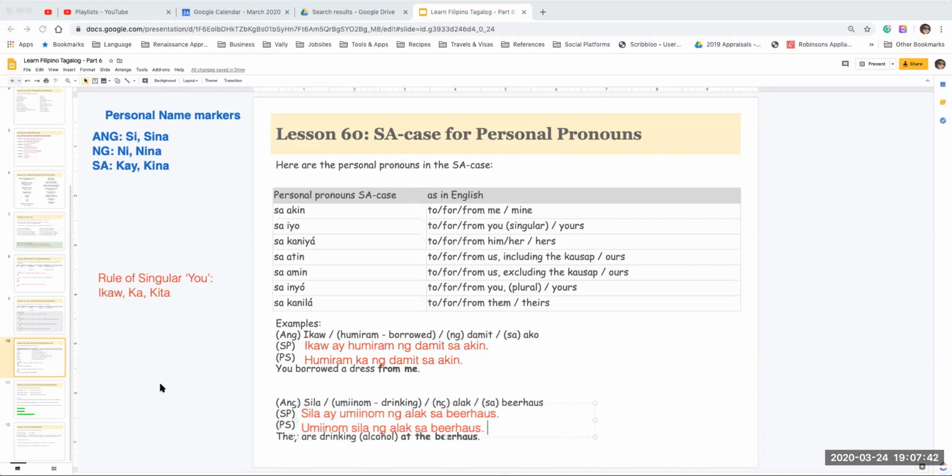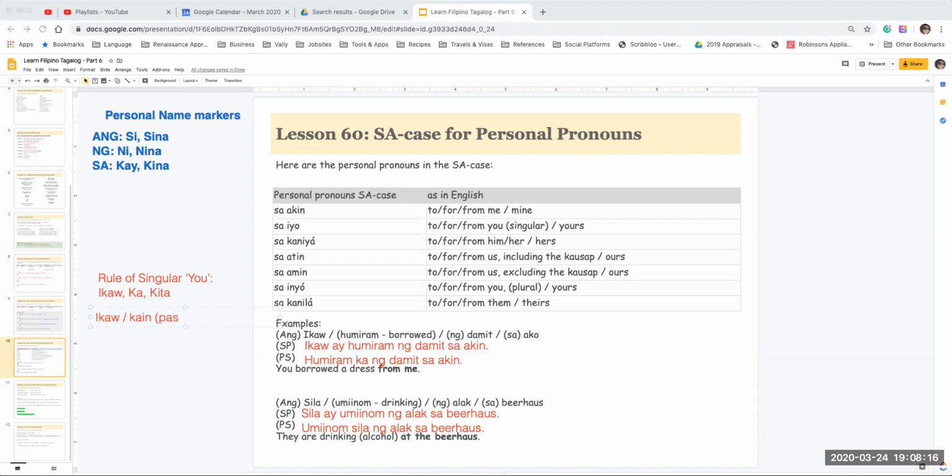All right. So let's practice a little bit of this rule of singular you. Every time you say, in SP sentence pattern or word order, you use ikaw. For example, ikaw, and then your verb is, can you form this word kain into past?